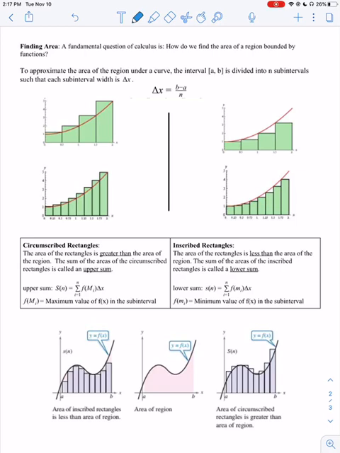And so to do this, we are going to take our interval, whatever interval we're working with, a to b, and we are going to divide it into n sub-intervals. And we want them to all be of the same size for the purposes of today. And so when you do that, you get this formula. So the delta x here is representing the width of your intervals.